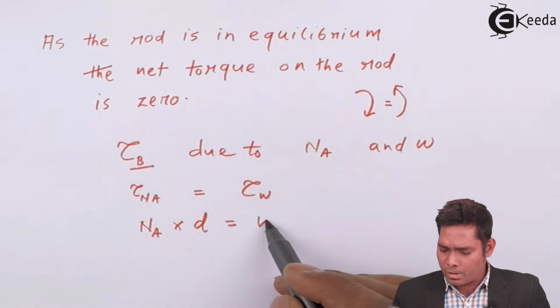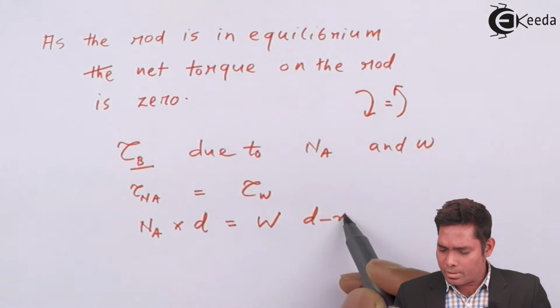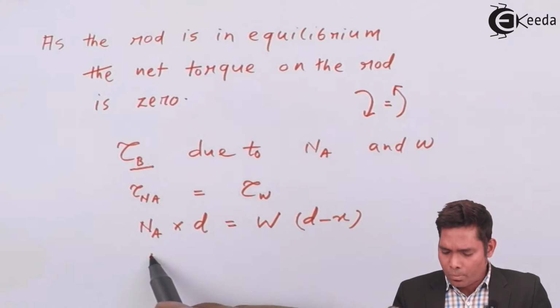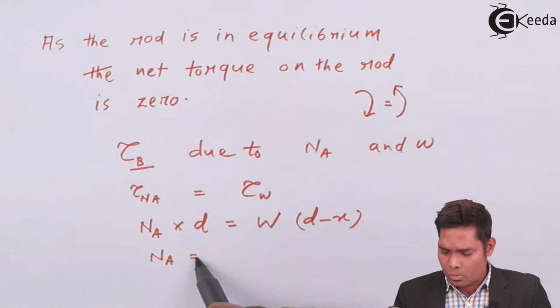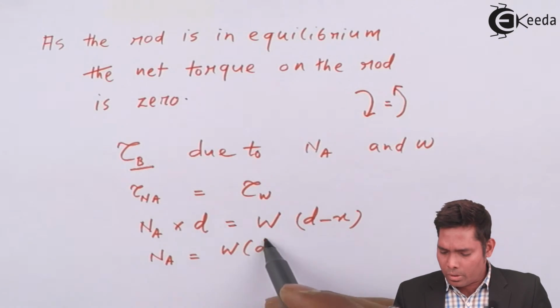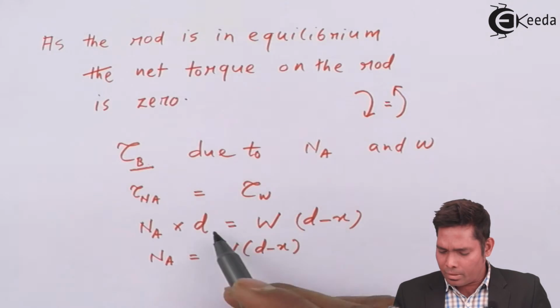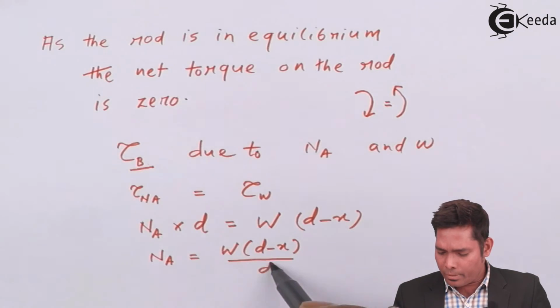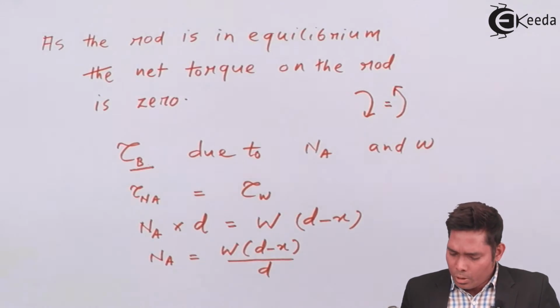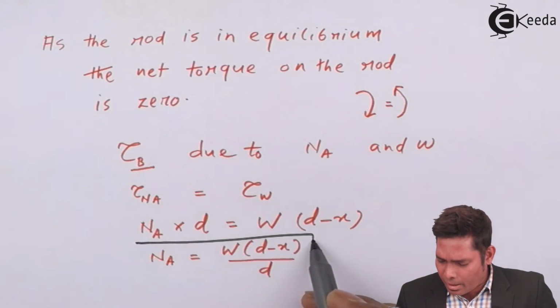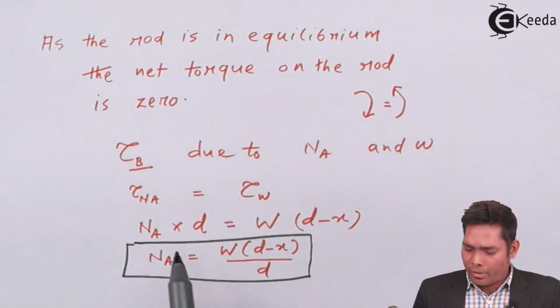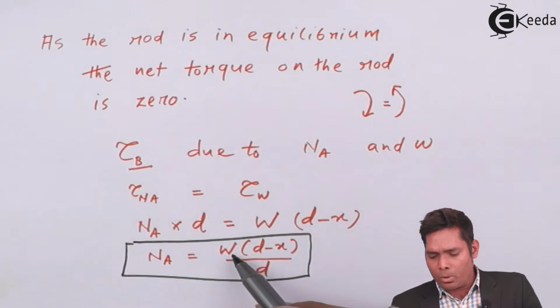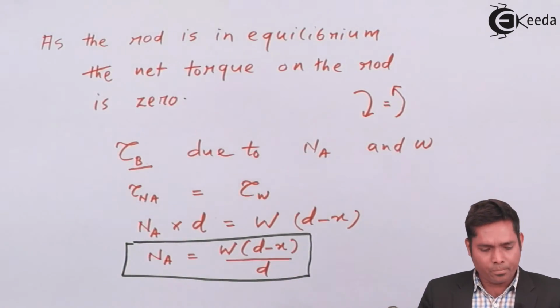So NA times D equals W times (D minus x). From here, NA equals W(D minus x) divided by D. So the normal reaction at knife edge A is given by W(D minus x) over D.